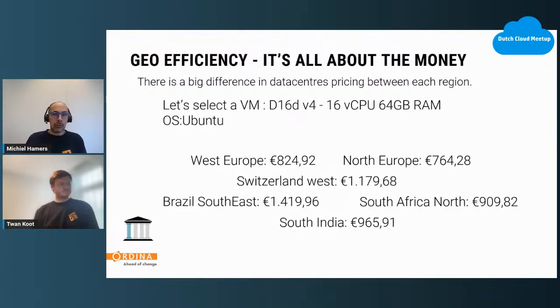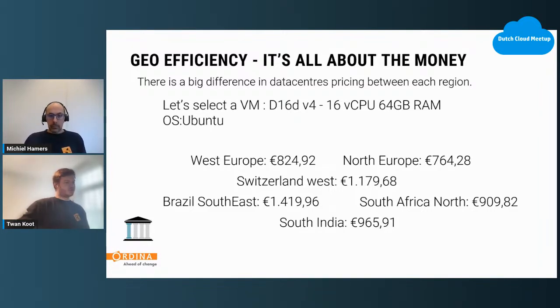Still, sometimes it's an easy switch between West Europe and North Europe, because often those changes can be made. Over here you can already see some difference if you just choose North Europe for this example. I can almost say that on average, all services in North Europe are lower in price than West Europe, while the VM, the power that you get, is the same.